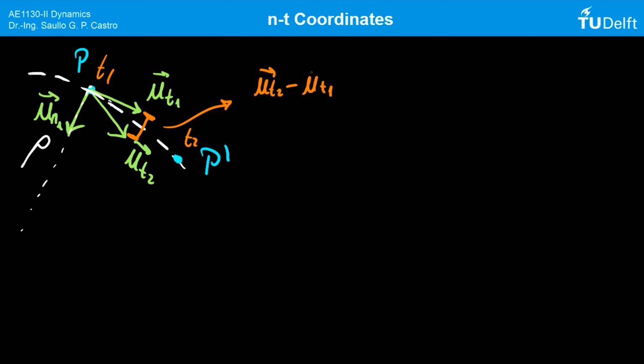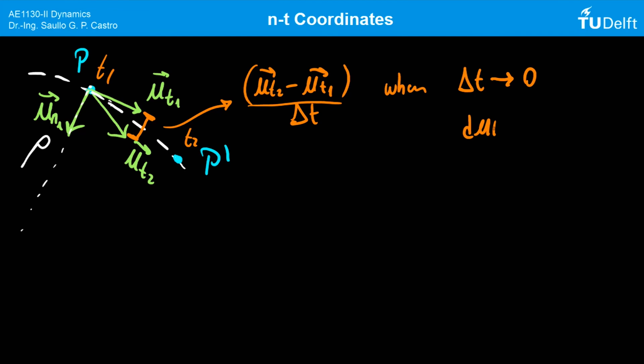or to be more precise, how this displacement here is changing with time when this delta time approaches 0, such that these will become dut dt.